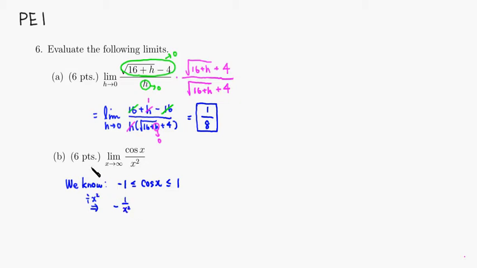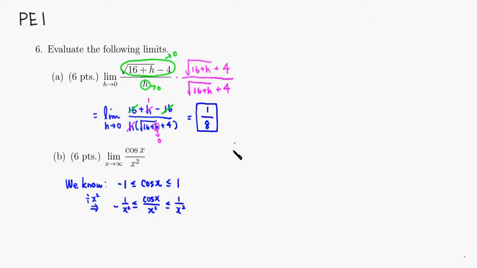Since x squared is positive, the direction of the inequalities does not change. So we have 3 guys. The guy we're interested in is in the middle, so we can take the limit of the smallest guy and the largest guy.